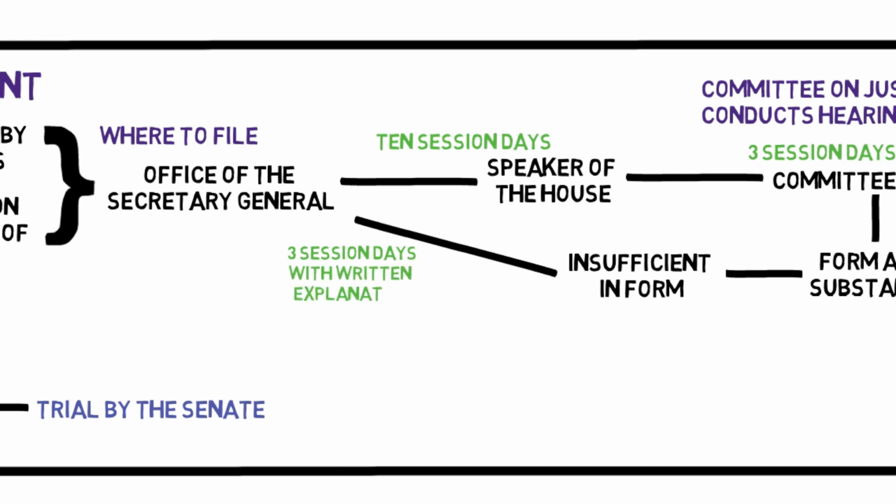The Secretary General shall return the same to the complainants together with the committee's written explanation within 3 session days from receipt of the committee resolution finding the complaint insufficient in form.